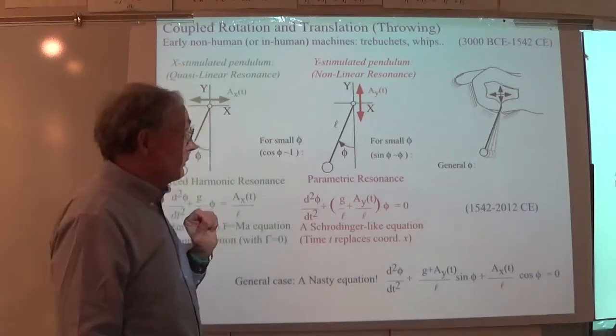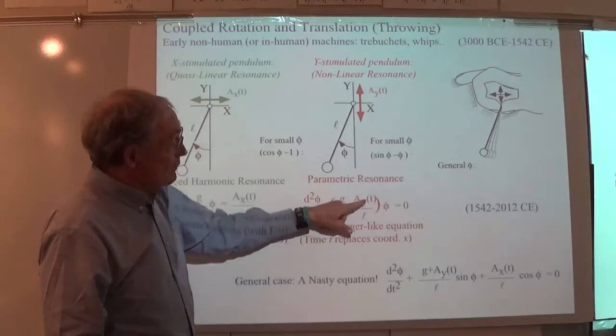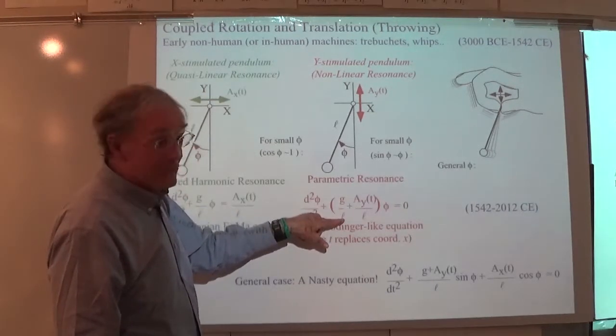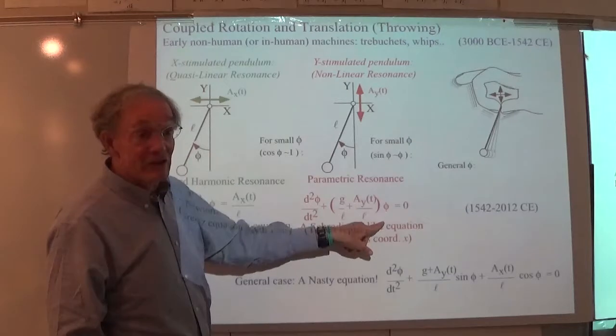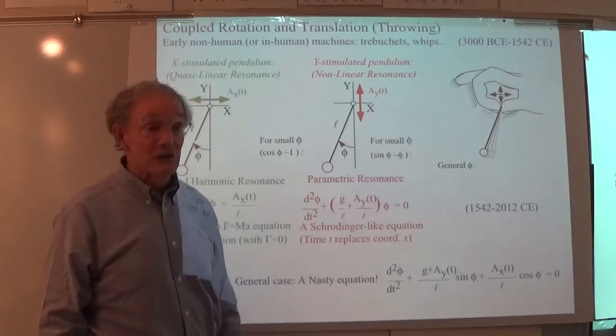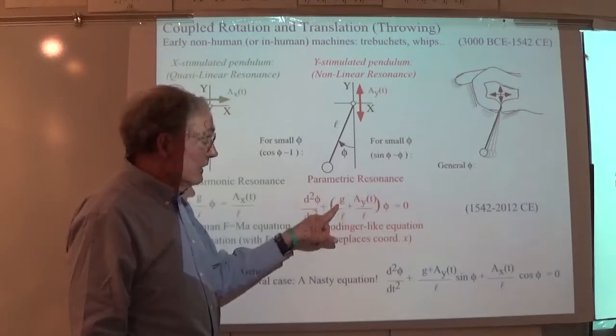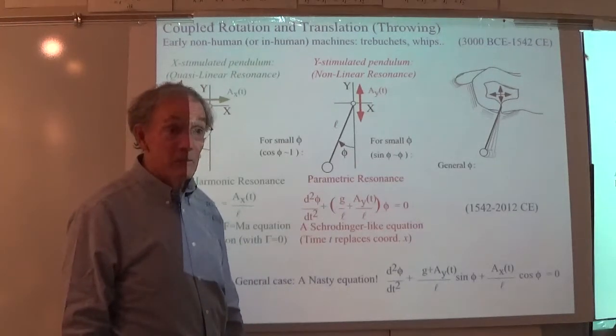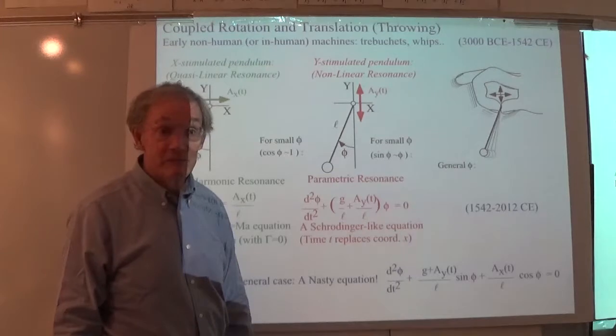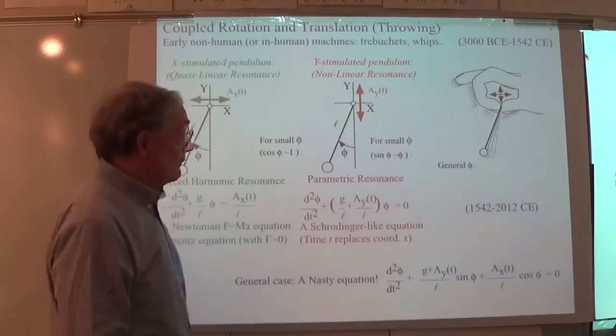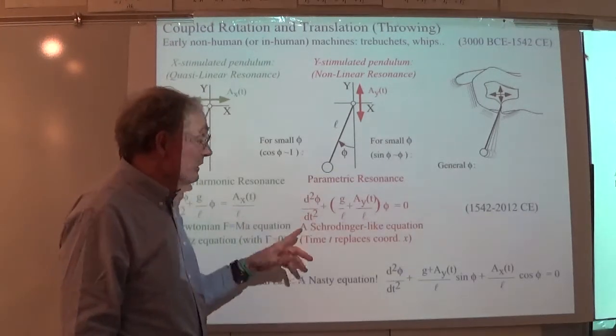Okay? So when you add some extra acceleration to the gravity that was already there for the pendulum equation, you're doing parametric resonance, because you're increasing and reducing, varying the parameter, the main parameter, the spring constant. Okay? So that's what's going to make everything go crazy here.